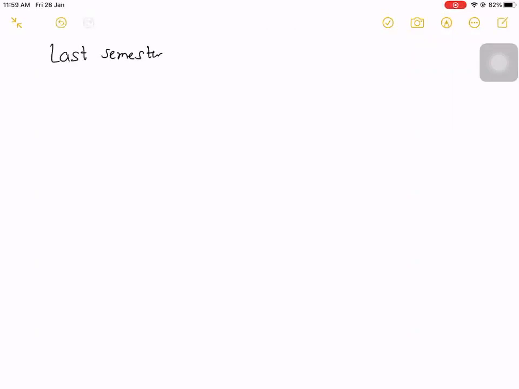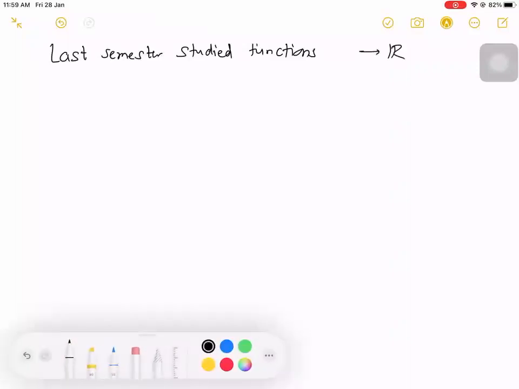So you studied functions from R to R, or maybe a subset of R. So let's change that.